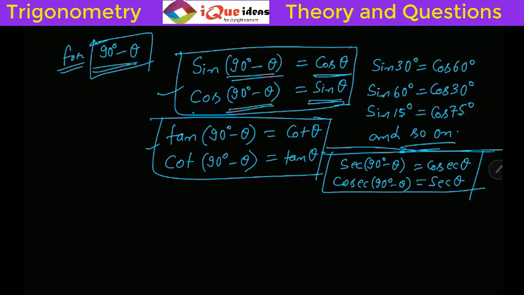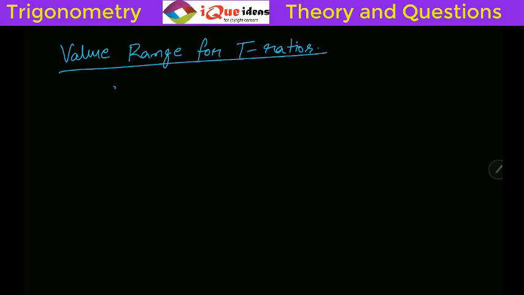Now just for sake of one more information, I'll add the values of trigonometric ratio, though it may not be required directly. Okay, you can say the value range for trigonometric ratios for various angles. Now the value of sine and cos always remains between -1 and 1.